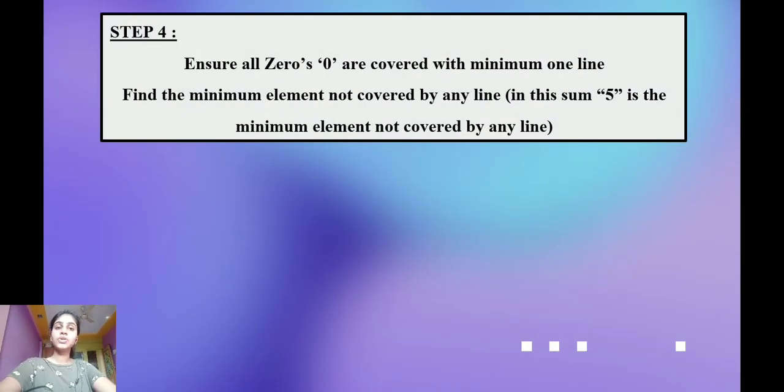Step 4. Ensure all the zeros are covered with the minimum number of lines. Find the minimum element not covered by any line. In this sum, 5 is the minimum element not covered by any line.